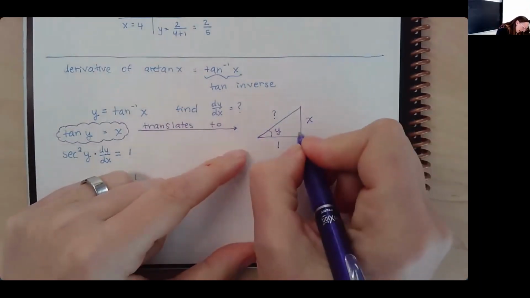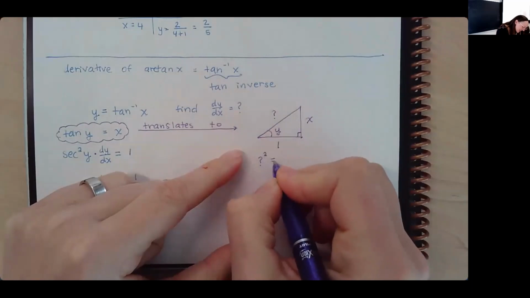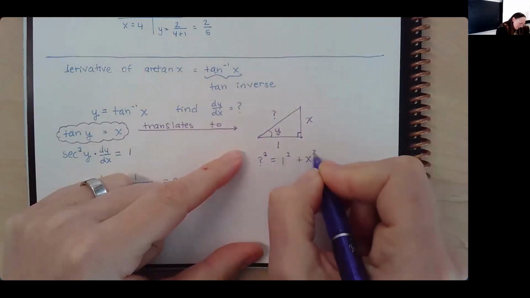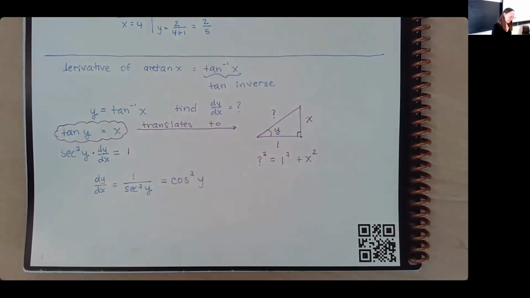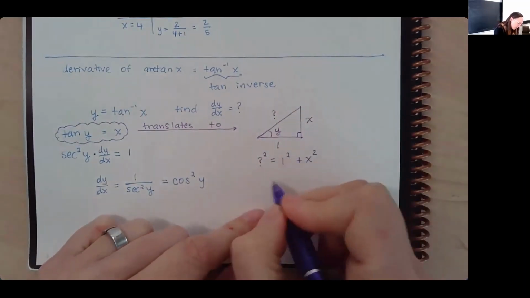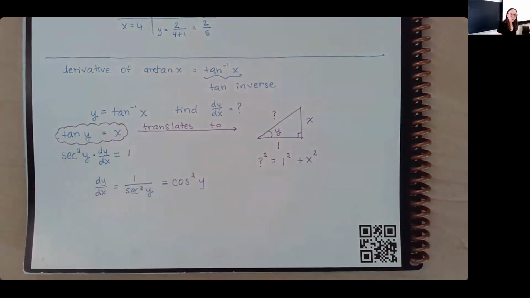So I'm going to get my hypotenuse by saying whatever it is, squared is equal to 1 squared plus x squared. So that hypotenuse side, when I take the square root, is the square root of 1 plus x squared.